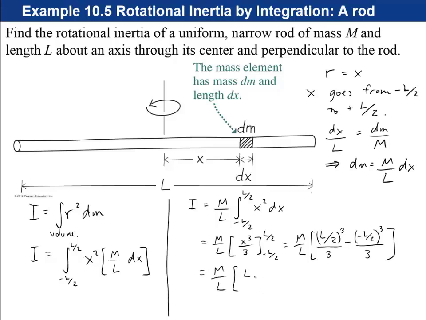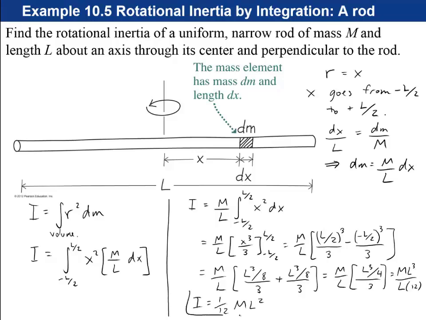Remember, the cube of negative L over 2 is negative L cubed over 8. So the negatives cancel, you get a plus, and you get L cubed over 4 over 3, which is L cubed over 12. So m L cubed over L times 12 is 1/12 of mL squared.